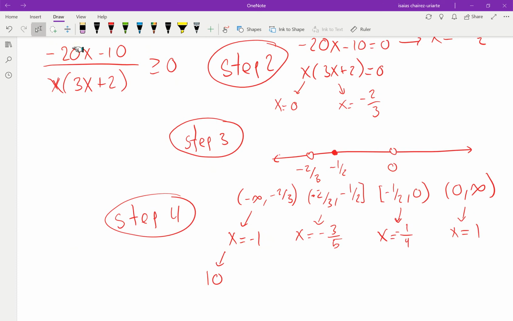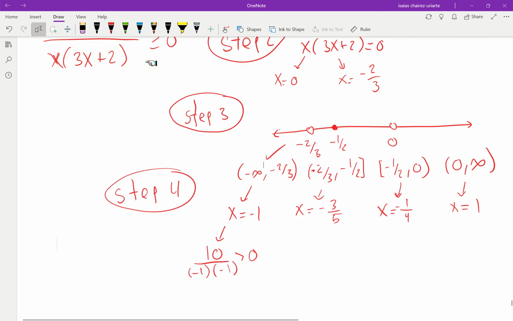And in the denominator, I'm going to have negative 1 times negative 3 plus 2. Well, that's negative 1 times negative 1, and this is going to be positive. So that's good, because we want to be bigger than or equal to 0.